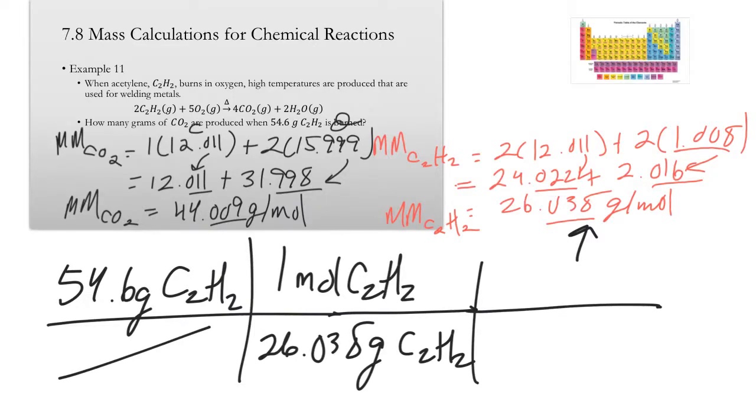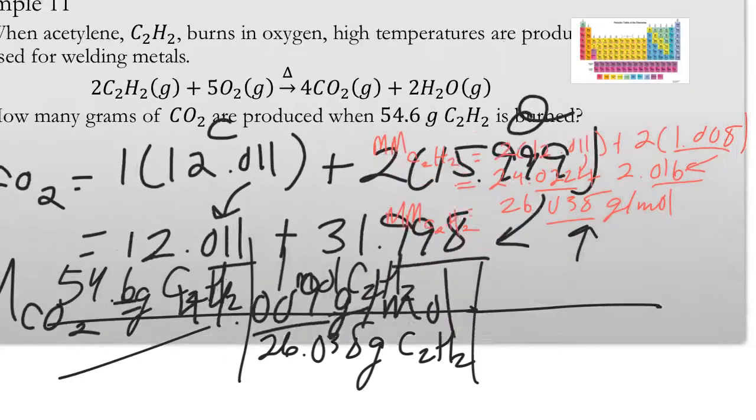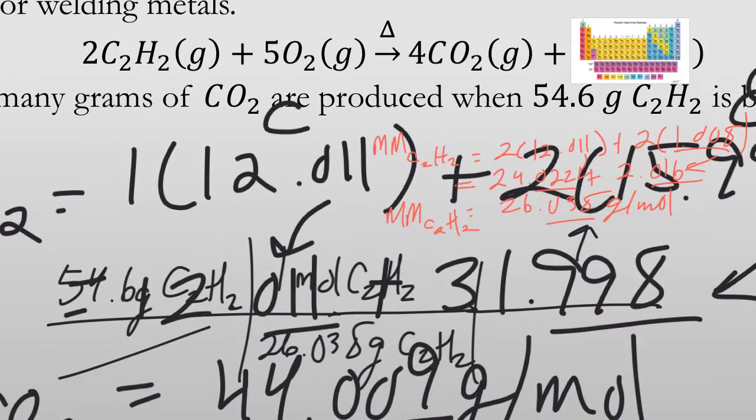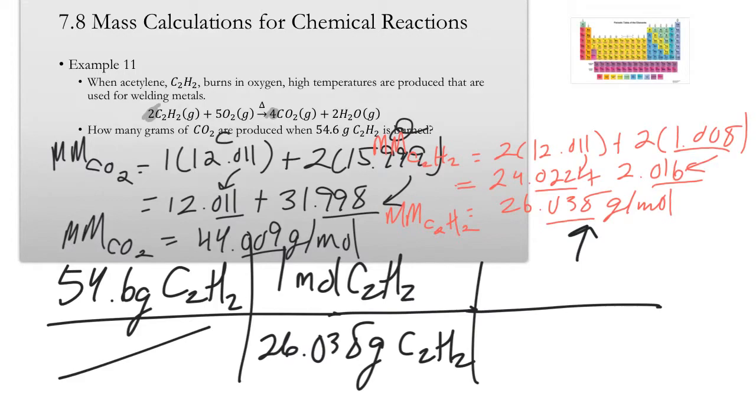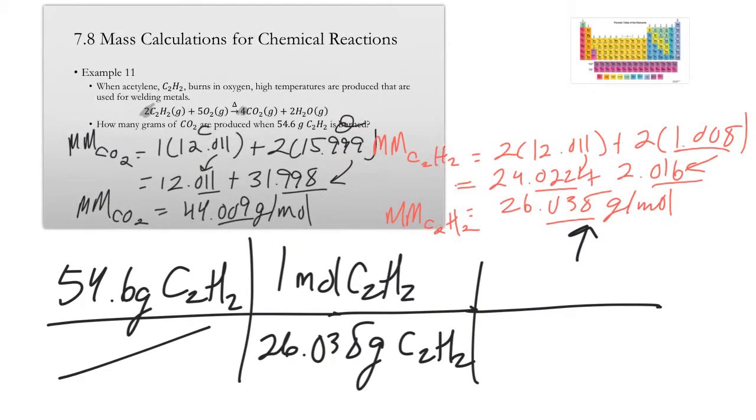Now comes the mole to mole factor. In the balanced equation, if you see it, we have 2 for the acetylene and 4 for the CO2. So in this, what we want to do, by the way, these cancel out, is always put what you want on the top of the equation or in the numerator. So what we want is ultimately CO2.